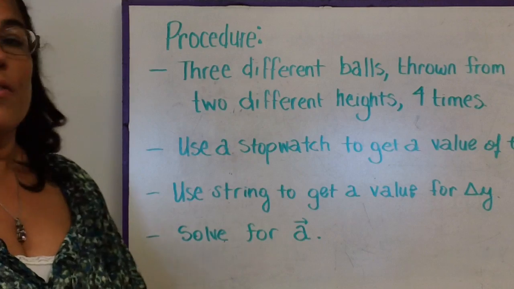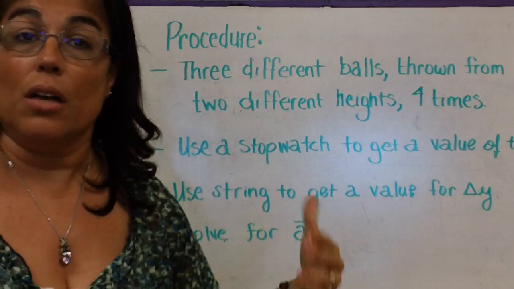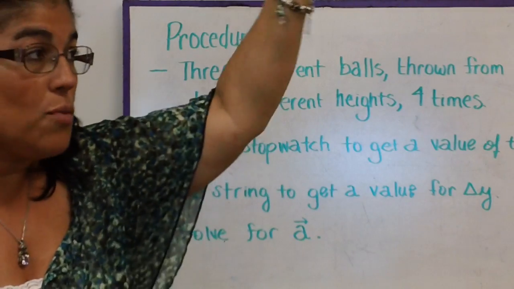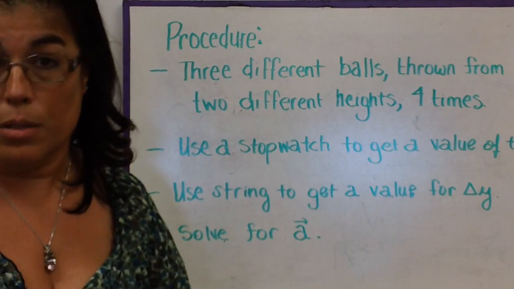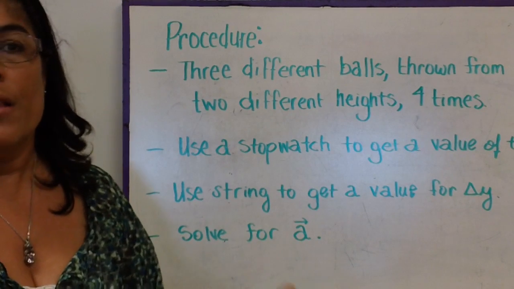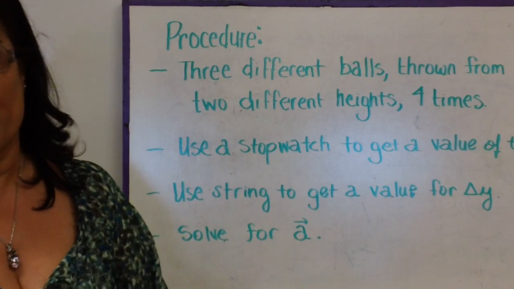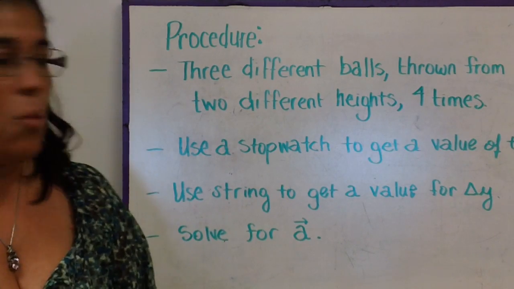Then, to find our value of t, we need to find out how long it takes for the ball to fall from one height to a different height, a displacement of y. We're going to use a stopwatch to get that value, which means one of the lab partners has to be at the bottom, at ground level, to start and stop the stopwatch.